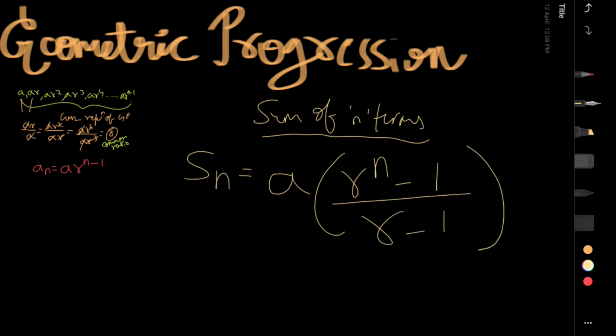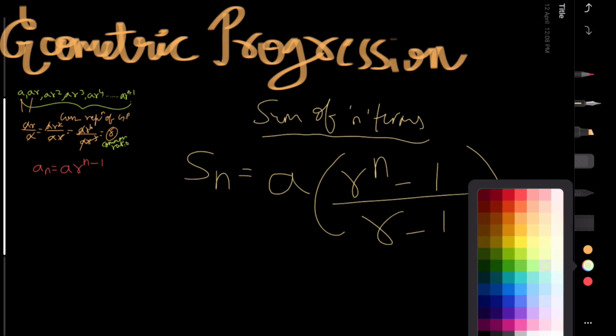Remember only this formula. Other teachers will teach two formulas, one if R is greater than 1 and one if R is less than 1. That is okay, but you can remember just this one. Just remember A (R to the power of n minus 1) by R minus 1. Most important formula.